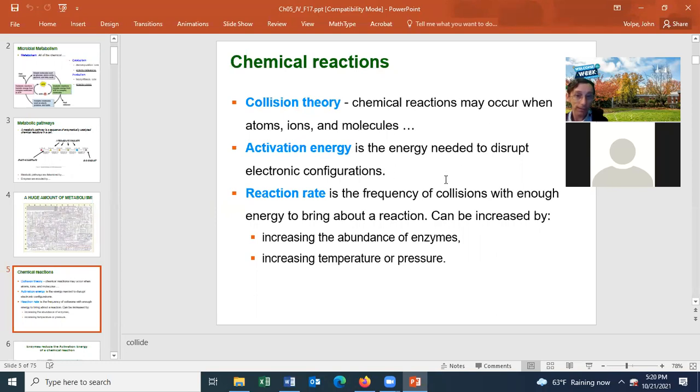The reaction rate is the frequency of collisions with enough energy to bring about a reaction. You can increase the reaction rate by A, increasing the abundance of enzymes. The more enzymes there are, the faster they can convert the reactants to the products. Or B, by increasing the temperature or the pressure.